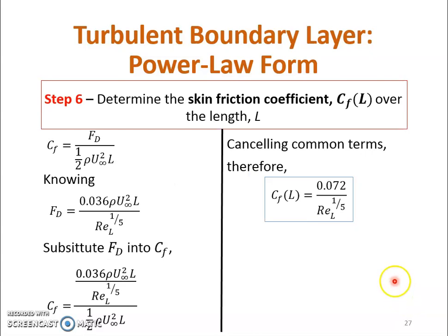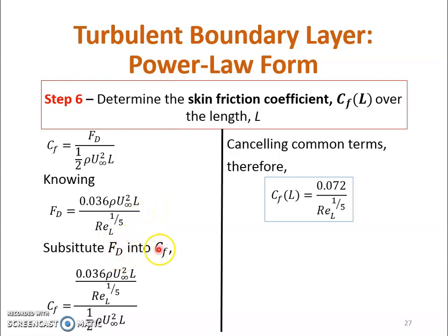After we find the FD, let's look at the last parameter that we can determine for the solution for the turbulent boundary layer. That is the big CF, the skin friction coefficient over the length L. This is the known equation previously, related to this flat plate of the length L. So we can get the coefficient, the drag force divided by half rho U infinity squared L. And then we know that previously also this is the expression that we get for the FD in terms of the Reynolds number.